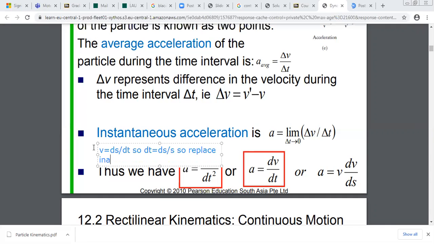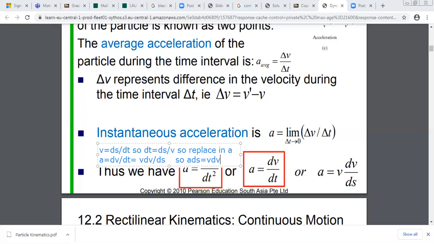If we replace dt by ds over v in the equation of a, where a is dv over dt, we get a is equal to v dv over ds, or sometimes we write it as a ds equals v dv.